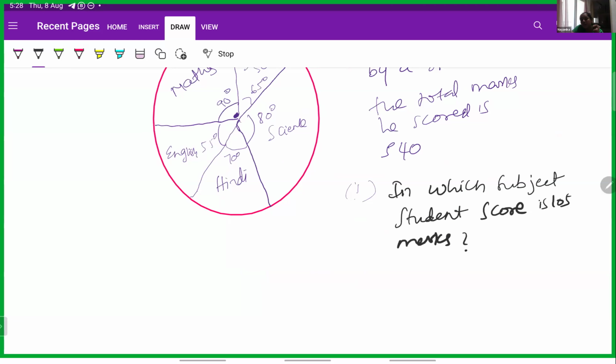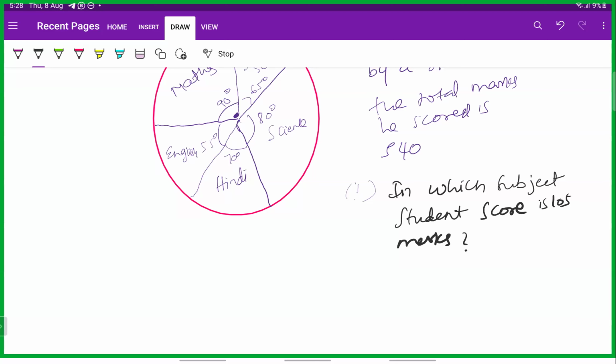Sir, 540 is not a multiple of 360, right, sir? It's hard to do. So we'll get it in points, sir. 540, it's there actually in the textbook. We will get the marks in points, like in decimal. I didn't get you. What is decimal?